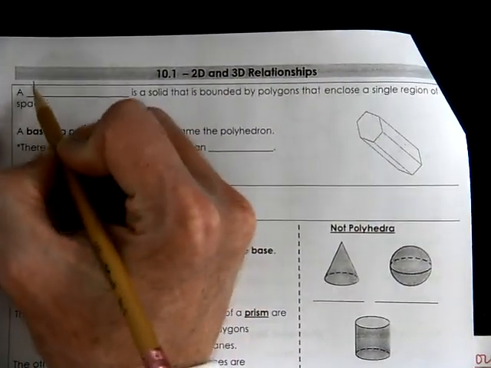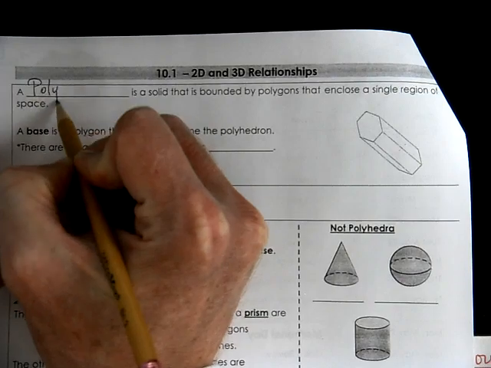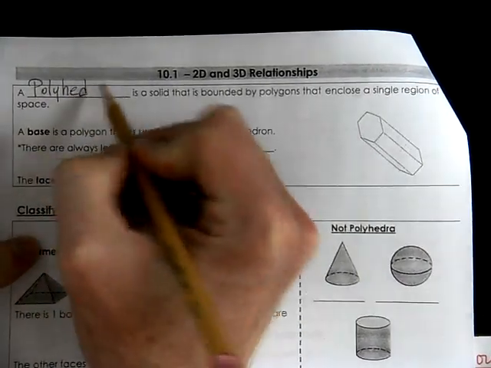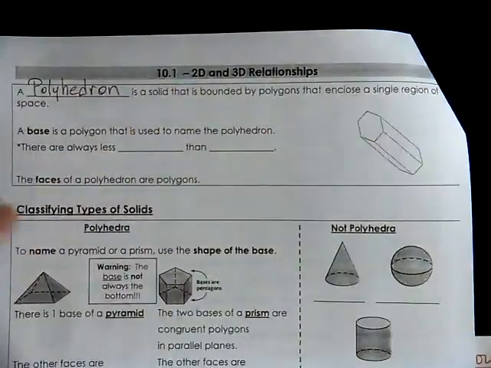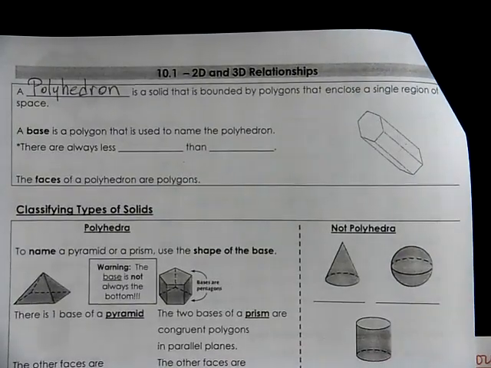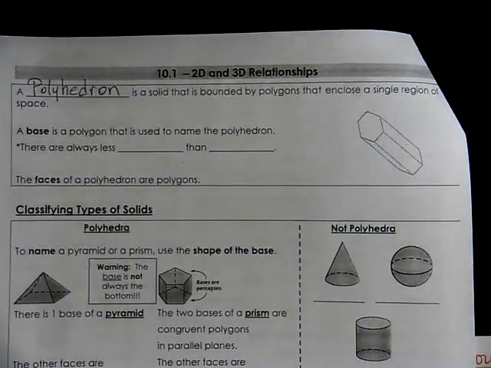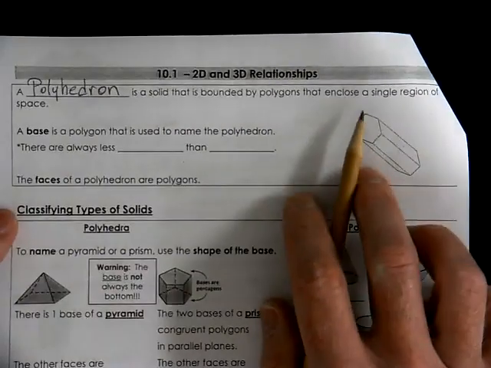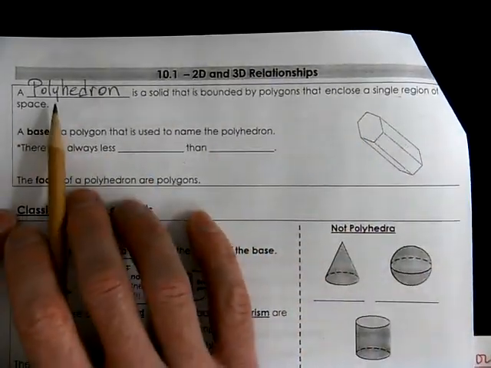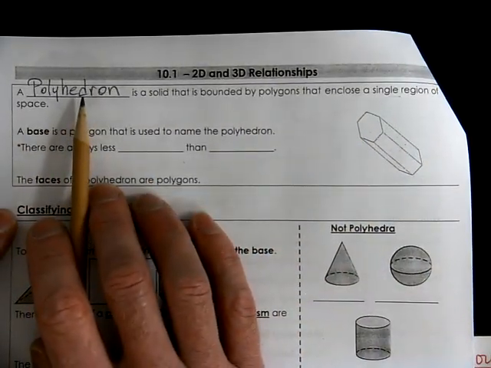A polyhedron is a solid that is bound by polygons and encloses a single region of space. I often like to think about it as a fish tank.